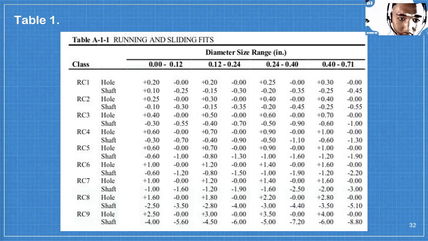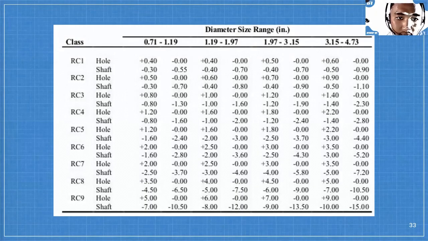Pagdating naman sa shaft tolerance, ang magiging ano niya is negative 0.25 and negative 0.55. Ito nga palang mga value nitong hole and shaft tolerance ay ang basa dito ay thousandths of an inch. Kailangan mo muna siyang i-times sa 10 raised to negative 3 or i-divide sa 1000. Next slide. Ito continuation lang to. Ganun lang din siya.